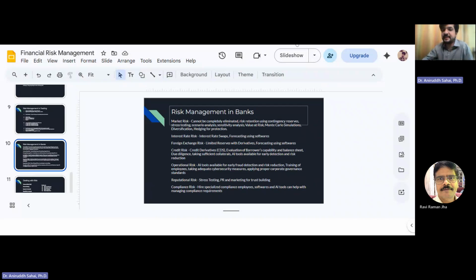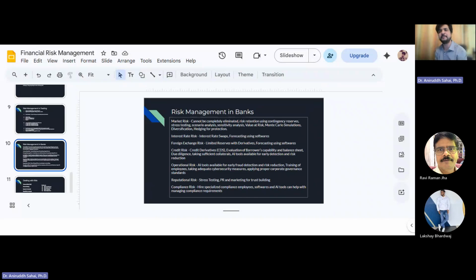Credit risk is one of the major sources of risk that the banks are facing. And to handle this risk, they use credit derivatives like credit default swaps, where the risk is swapped with some other party, transferred to some other party. And apart from these instruments, proper due diligence should be performed while giving out loans.